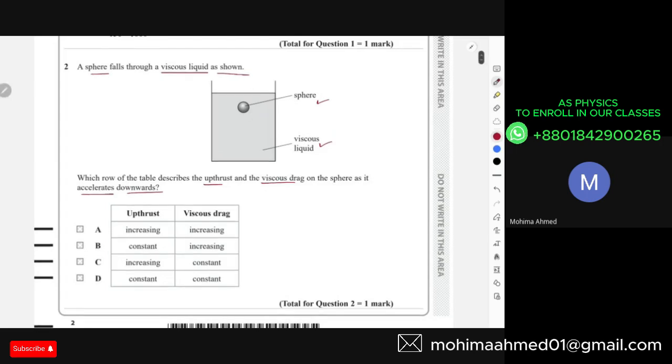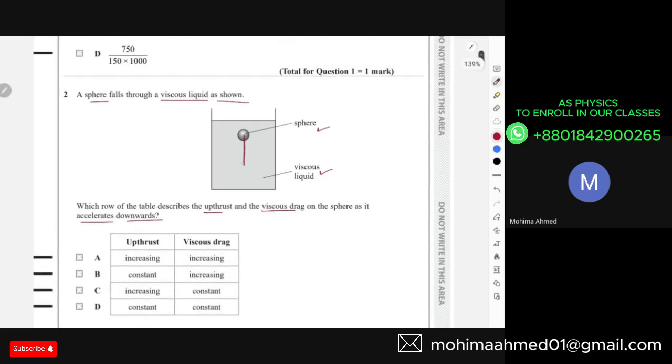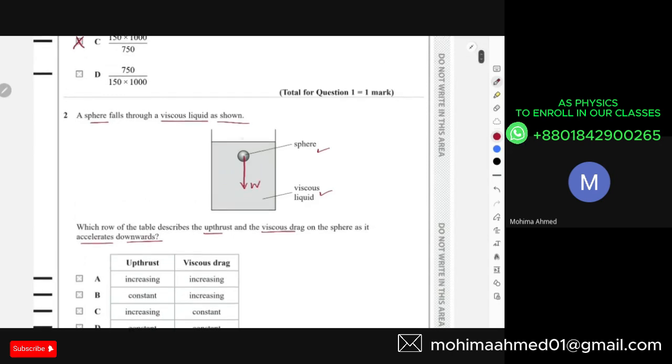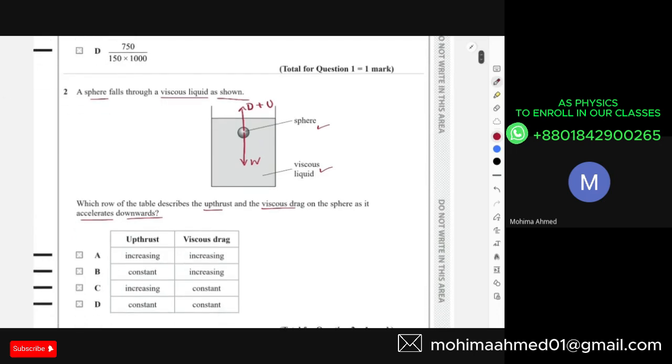The forces acting on it are weight, and the upward forces are drag and upthrust. Since this is a viscous liquid, drag is obviously there. If it is accelerating downward, at this point weight is greater than drag plus upthrust.